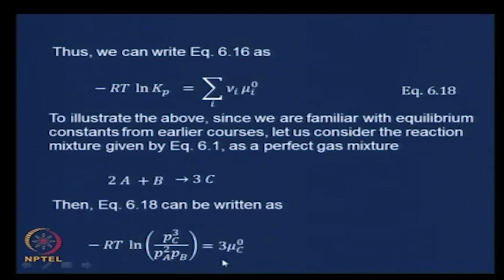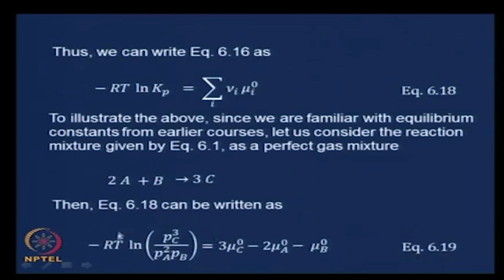This equals sum over i nu i mu i naught, that is 3 mu c naught minus 2 mu a naught minus mu b naught. We will call this equation 6.19.